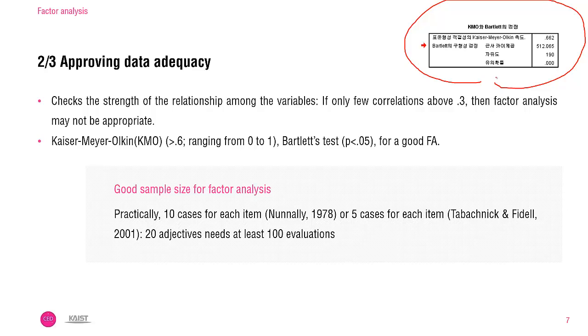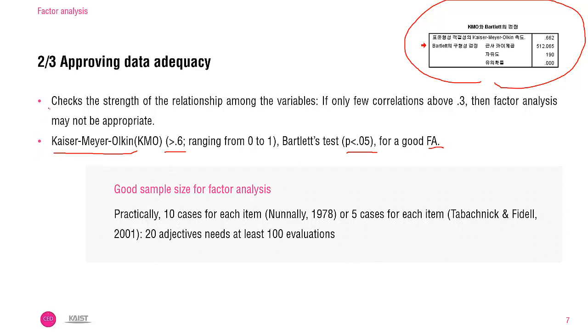In SPSS, the KMO index and Bartlett's test of sphericity are offered, and the criteria are 0.6 and statistical significance. When you pass these two criteria, then you can accept that your data are suitable for vector analysis.